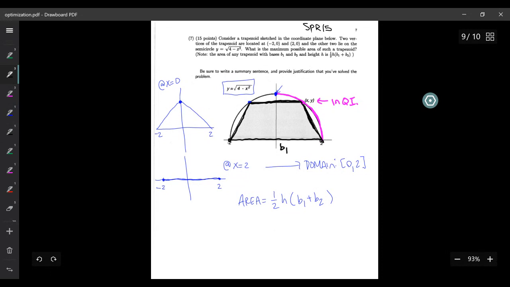This is B1, which is the lower base. This is B2, which is the upper base. The height of the diagram is h right here. And now, let me just flatten this out.